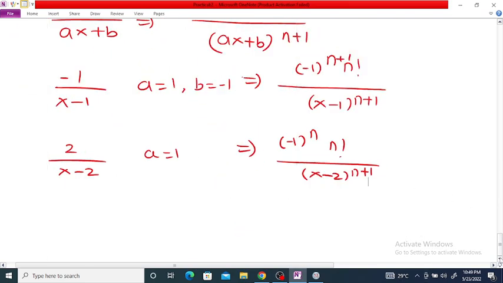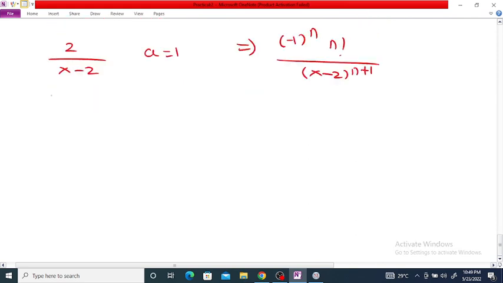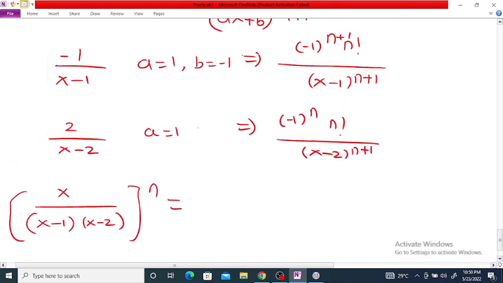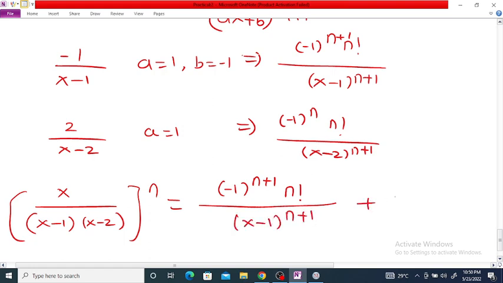So the nth derivative of the function x divided by x minus 1, x minus 2 is equal to minus 1 raised to n plus 1, n factorial divided by x minus 1 raised to n plus 1, then plus the nth derivative of the second term, which is 2 times minus 1 raised to n, n factorial divided by x minus 2 raised to n plus 1.